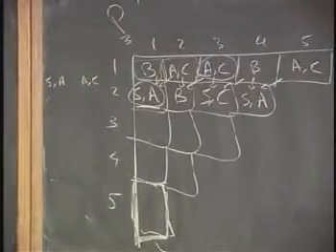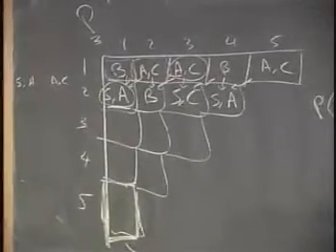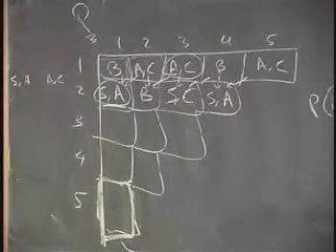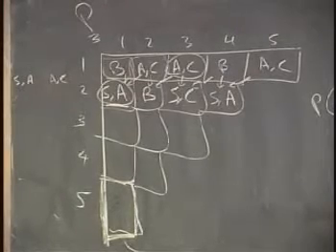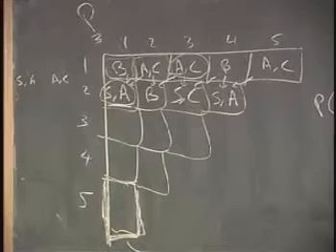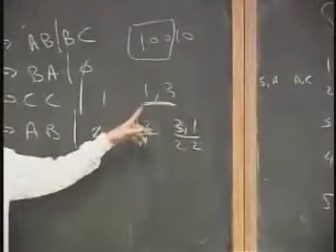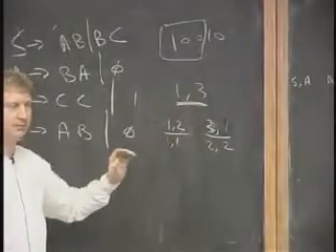So I got lots of combinations: SA, SC, AA, AC. But we have none of them. Not one way to generate this string of 3 if we split it after the first 2 and the second one. No way to do it.